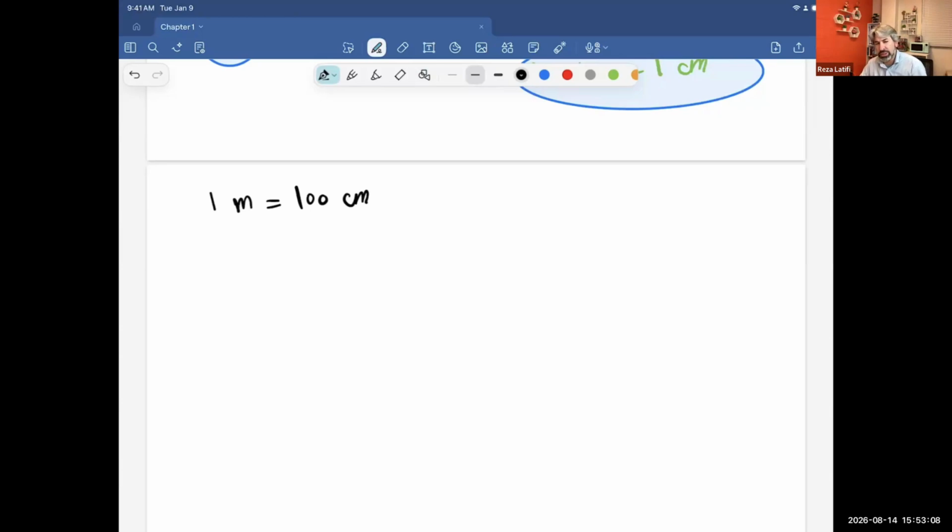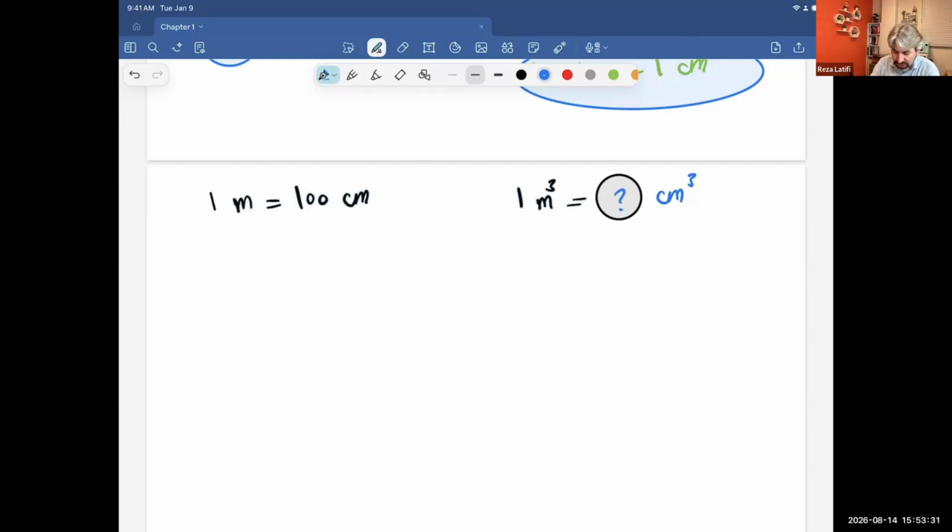Those data will be given during the exam, as you will get a formula sheet that has those basic conversions. Now, the question is going to be: 1 cubic meter is equal to how many cubic centimeters?